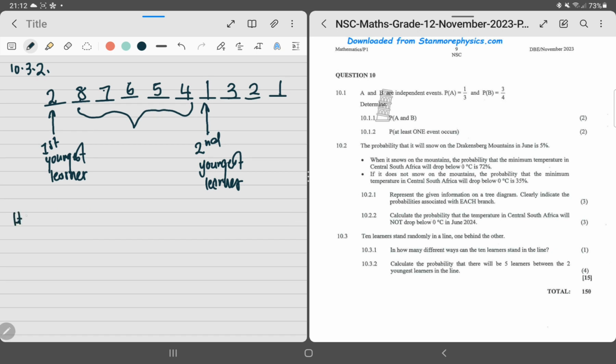So the number of ways will be equal to 2 factorial, and then I'm going to have 8 times 7, and then I can sort these ones in 3 factorial ways.